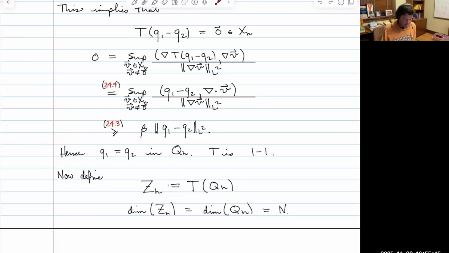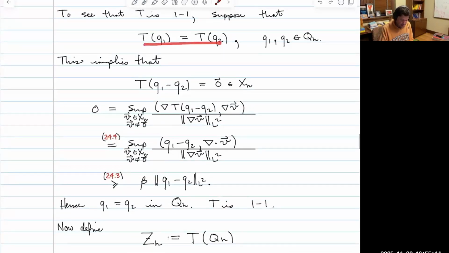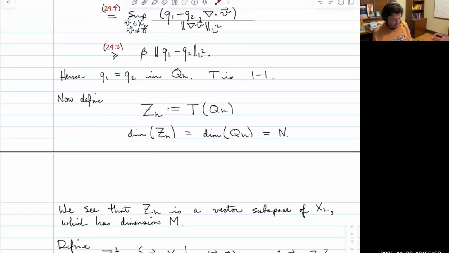A similar argument to the one that we used in the proof of the last lemma says that this element can only be equal to the 0 function in L2, or in QH, I should say. So this function being equal to 0 means that Q1 is equal to Q2 in QH. But what does that say? That says if I have this, then the only way that it can happen is if Q1 is equal to Q2. That's what we mean by one-to-oneness. Okay, so T is one-to-one.